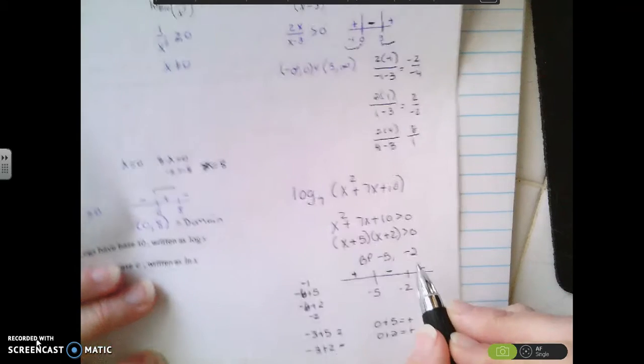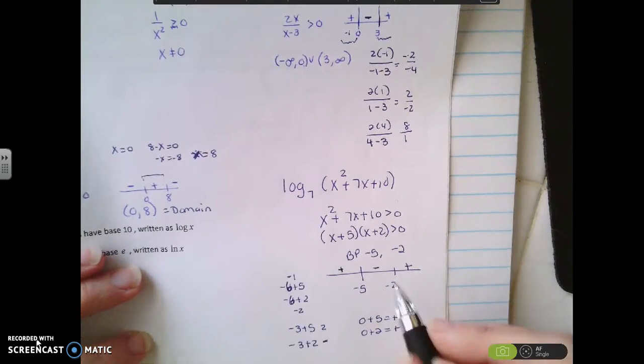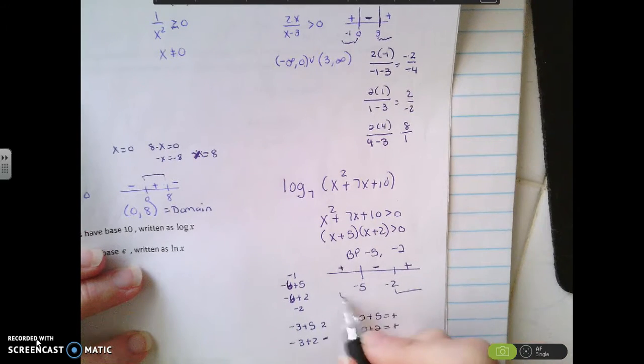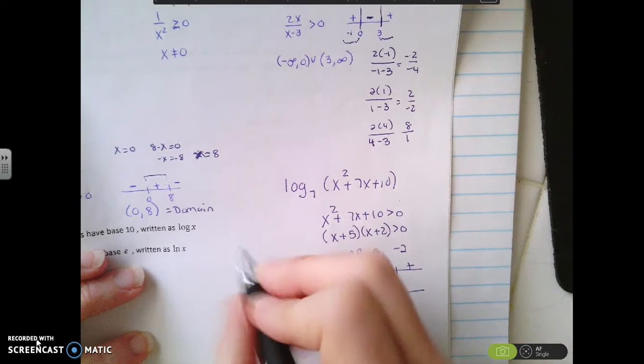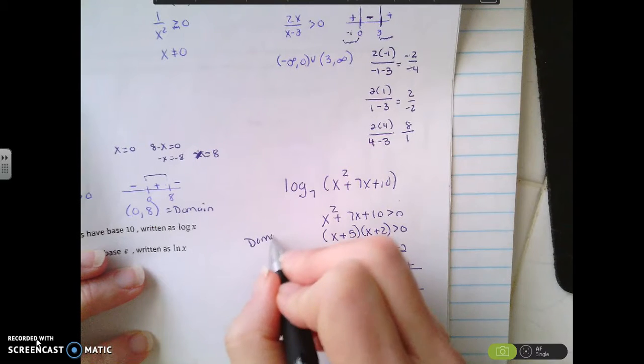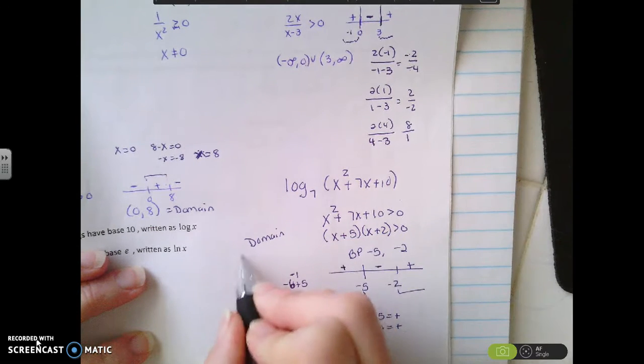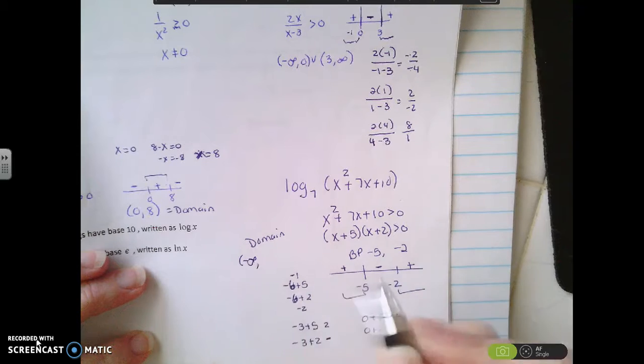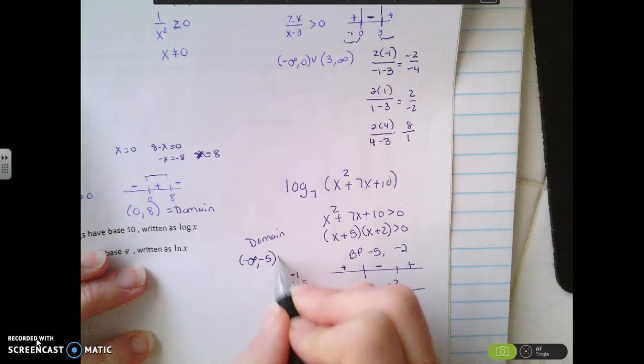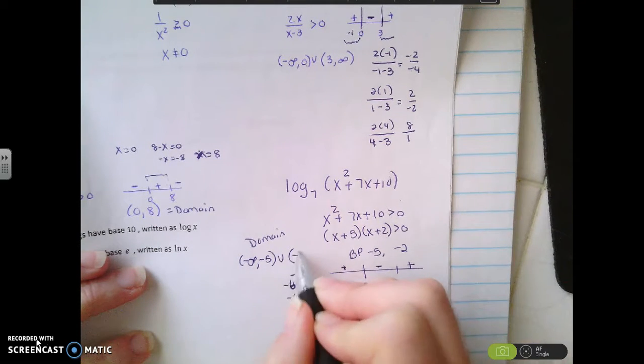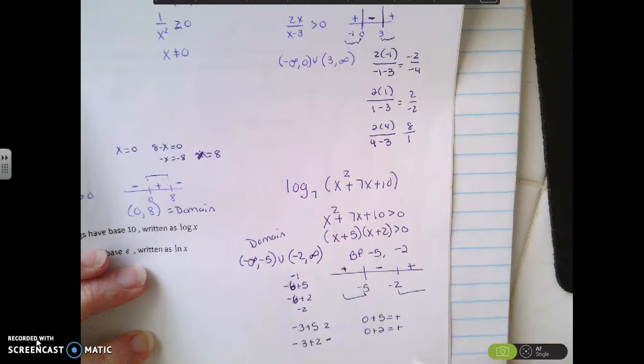We want the positive values. So we want these values from here to here. So our domain for this problem would be -infinity to -5, union together with -2 to infinity.